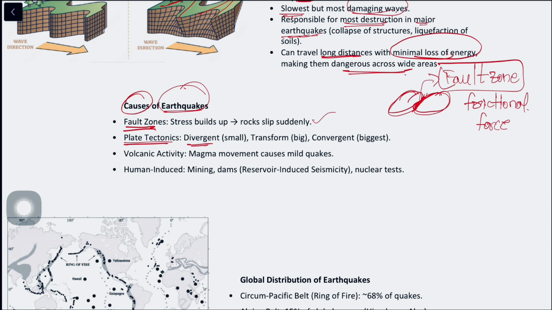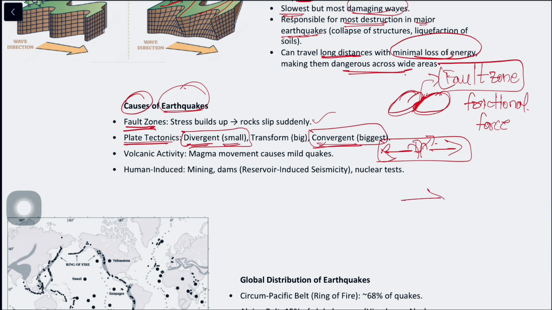So when two plates are in a divergent manner, that is one plate is going in this direction and the other in this direction, traveling in opposite directions, the magma will come out and volcanism will happen and the release of energy also will happen, which in turn will lead to the earthquakes as well. And then convergent plates.